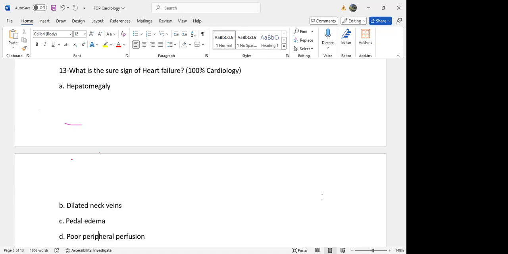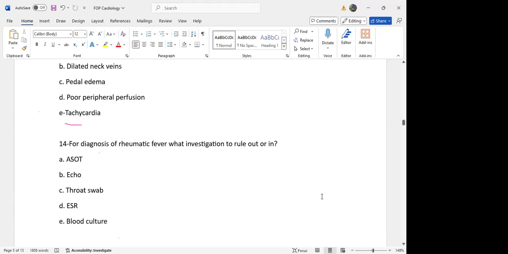Hepatomegaly, yes. Yes, ma'am, it's hepatomegaly. Edema could be found in PCM children as well, and in nephrotic syndrome. So that is not the surest sign for heart failure. Hepatomegaly is more specific for heart failure.